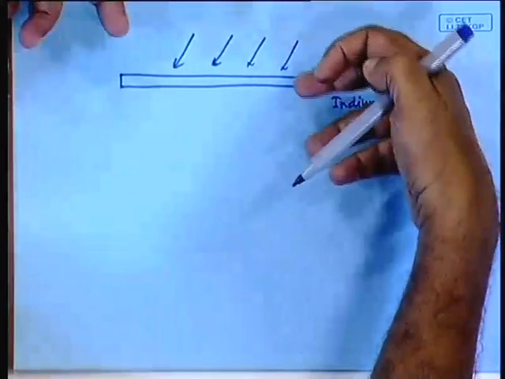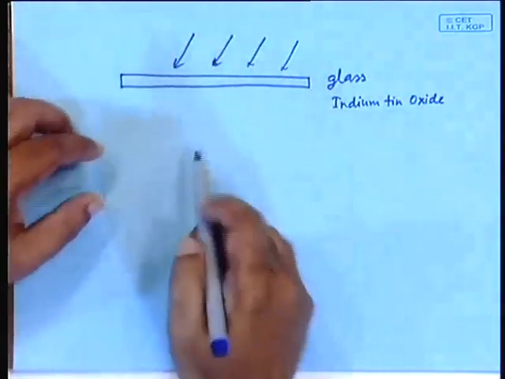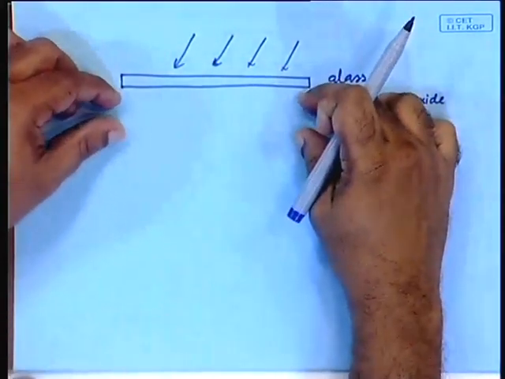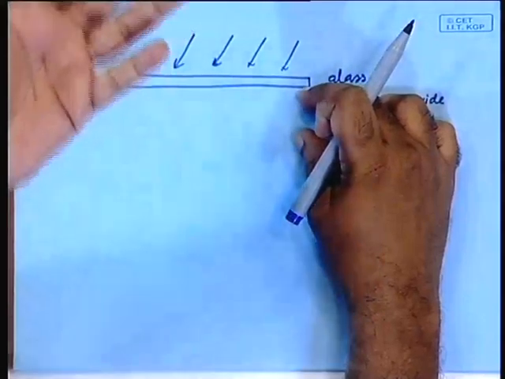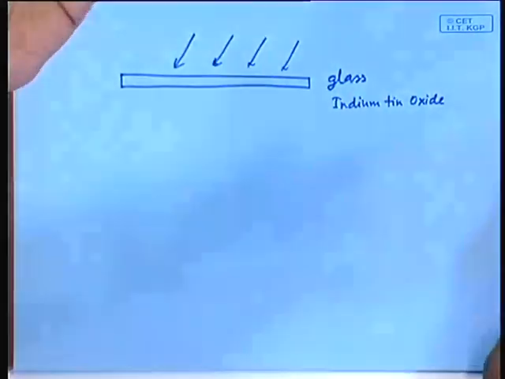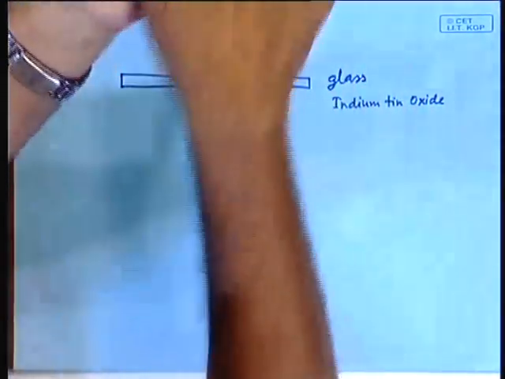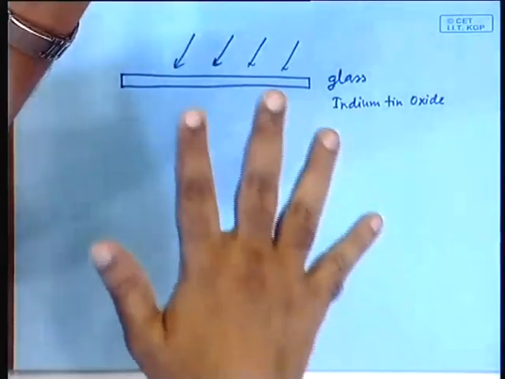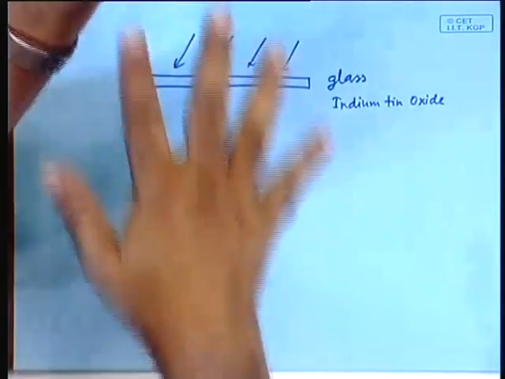Okay, here is the glass, and after all the solar cell is here. So, what has to be at the top surface? In a normal single crystal solar cell, what is there at the top surface? You have to collect the charge, and the collection of the charge is done by means of the fingers, the metal fingers. In this case, can you do that? No, you cannot do that.